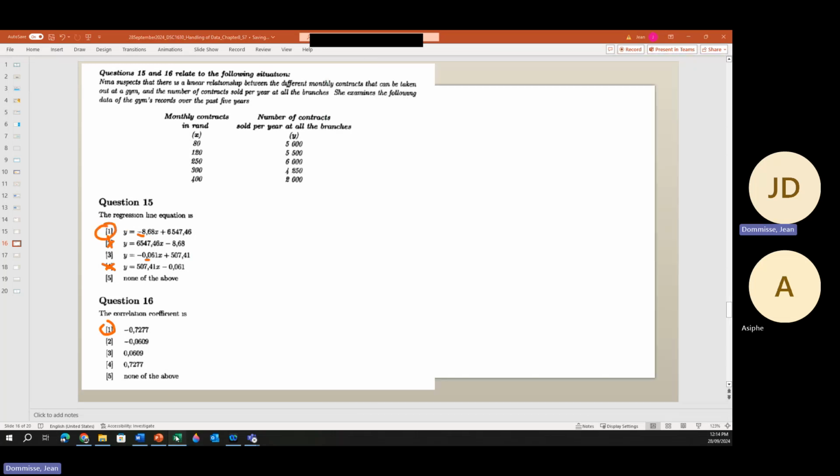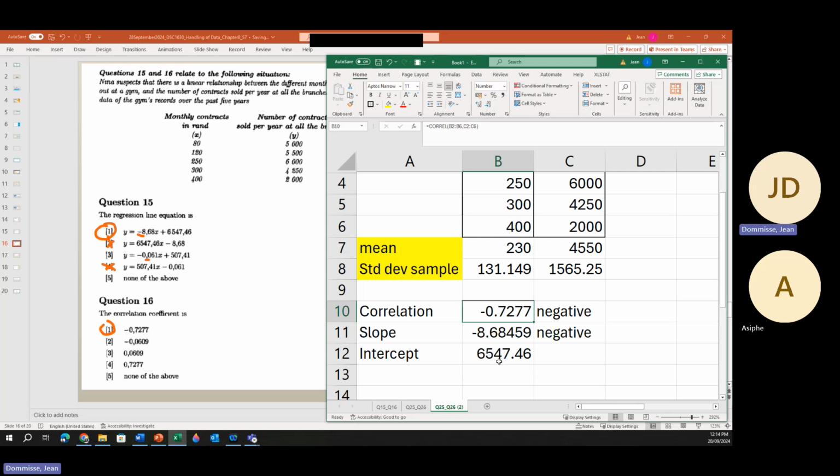And then we also have the intercept as 6547.46. Okay, so again, by just using Excel, it was actually not too difficult to get the answers that we were looking for.